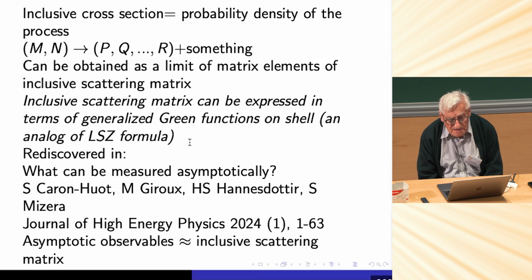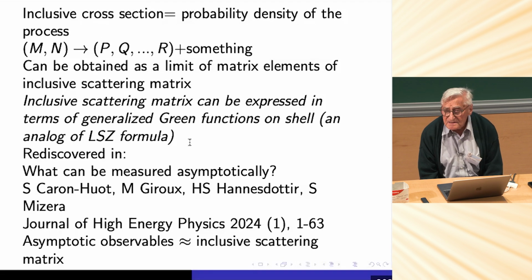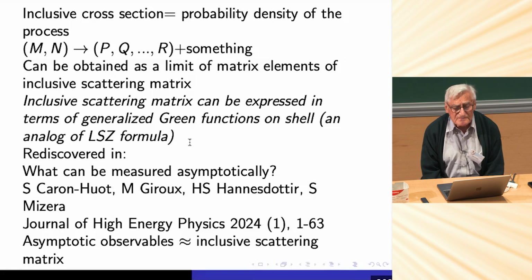However, the usual scattering matrix doesn't give it. You can give scattering amplitudes, and you can take the modulus square of this, and you will get the usual cross-section.